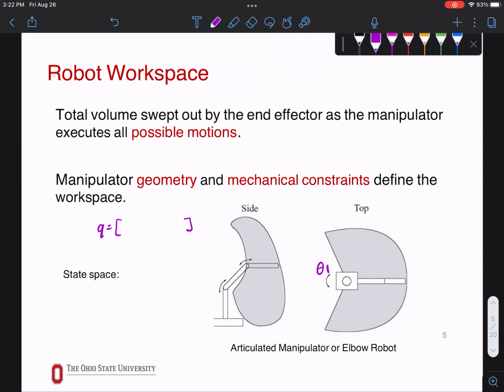Then another one is rotating, and then another one. So theta 1, theta 2, theta 3. And the state space is, I'm going to show, usually in a column: theta 1, theta 2, theta 3, theta dot 1, theta dot 2, theta dot 3.